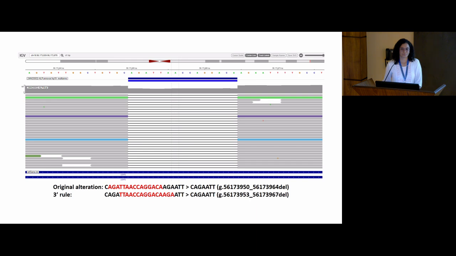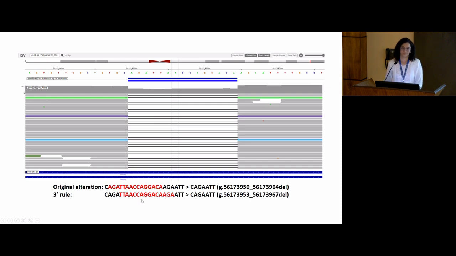So the NPM1 case will be coming, and here, instead of us predicting it, this is the resultant sequence we are getting: CAGAATT. This can happen because of deletion of either the sequence above or below.